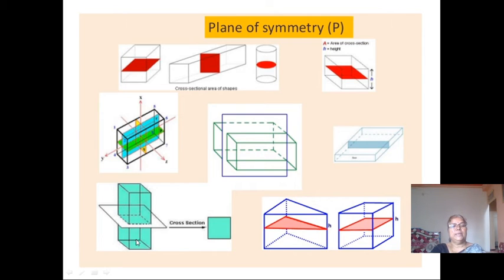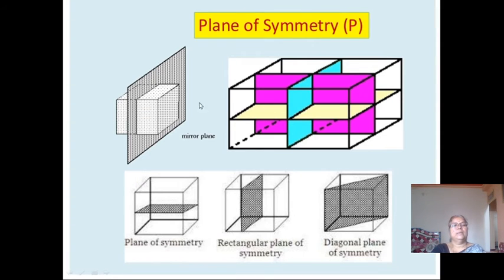See here, this is an imaginary plane, and it cuts this into two equal parts. Then see here the plane of symmetry. This is also a plane of symmetry, a rectangular plane of symmetry. Here it is a diagonal plane of symmetry.